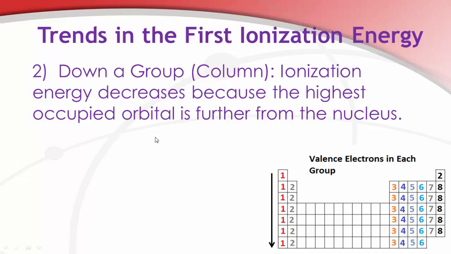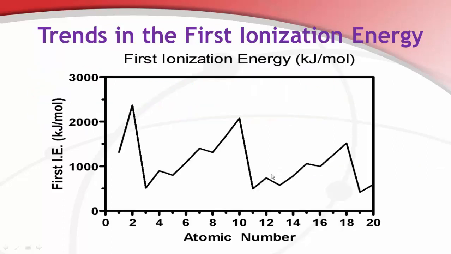If we move down a group, the ionization energy actually decreases because the highest occupied orbital is further from the nucleus. So if we want to just choose the noble gases as a group to study, the trend is down. But if we were to choose any of the items in a group, the trend is again down for each one of those. If we take our alkali metals, for example, again the trend is downward.